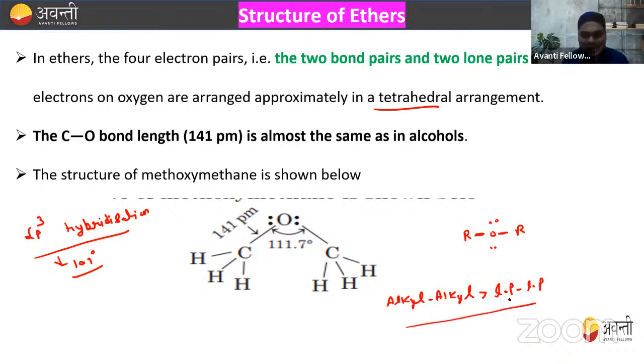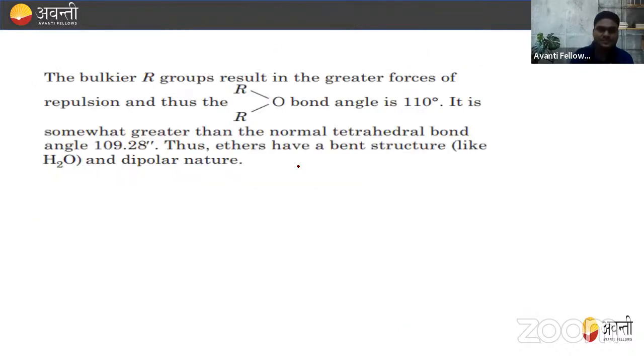Due to the presence of two bulky groups, that is CH3, the repulsion is more, and due to this only, the bond angle increases from 109 degrees to 111 degrees. Even though they are sp3 and tetrahedral, the bond angle is increased, and this is due to the presence of two bulky groups only. Clear to everyone? Let's move on.